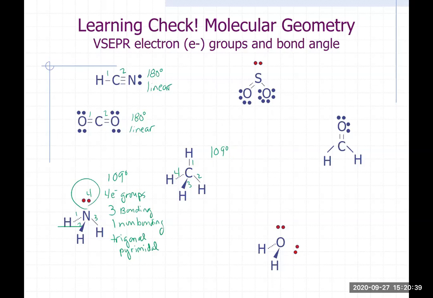So you know this has a big electron cloud up here. 109-degree bond angles, and they are all bonding. All 4 are bonding. With all 4 bonding, it's going to be the same geometry as our electron geometry would be, and that is tetrahedral.